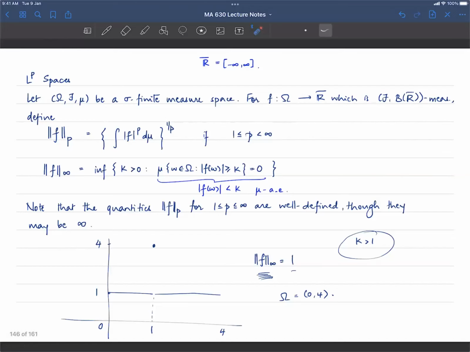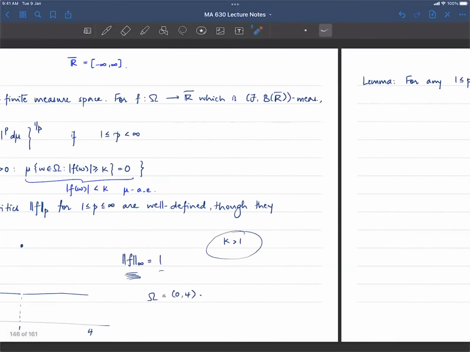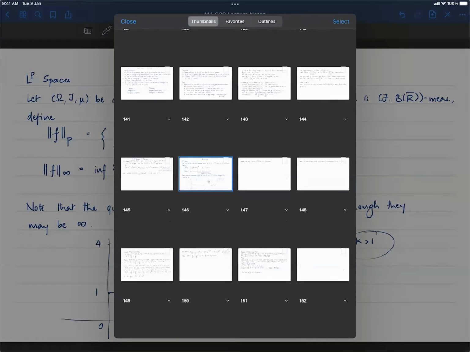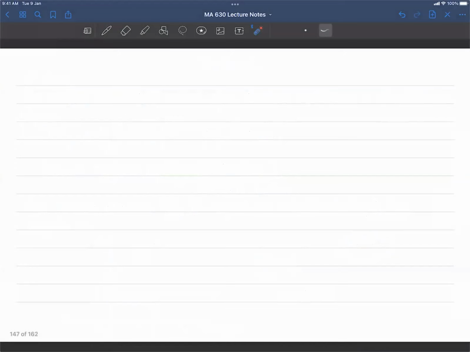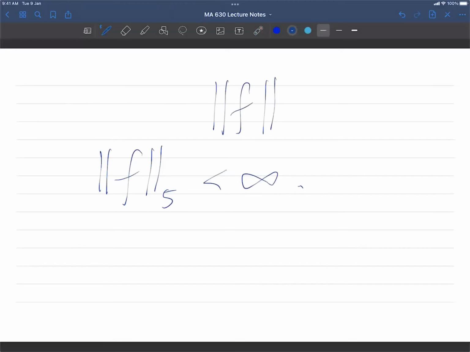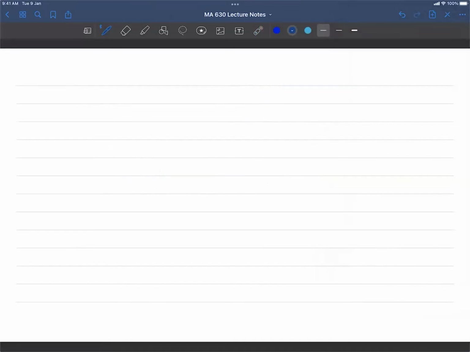So basically, now I'll define what L^p spaces are. L5 space is just the set of functions for which this guy is finite. That's it. L17 over 3 space is just the set of all functions such that this guy is finite, and so on. Okay, so let's just write that down.